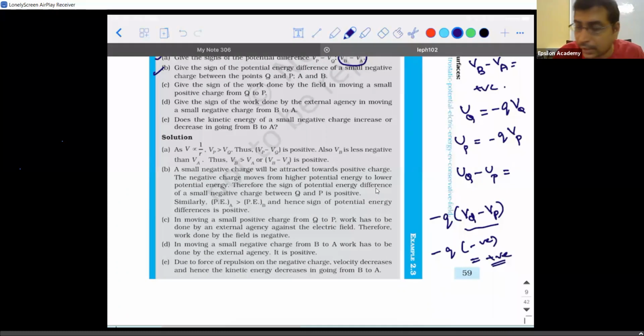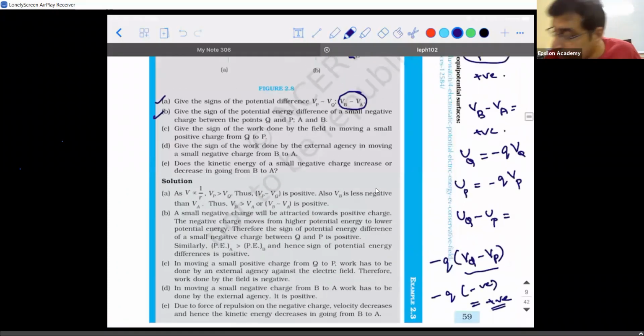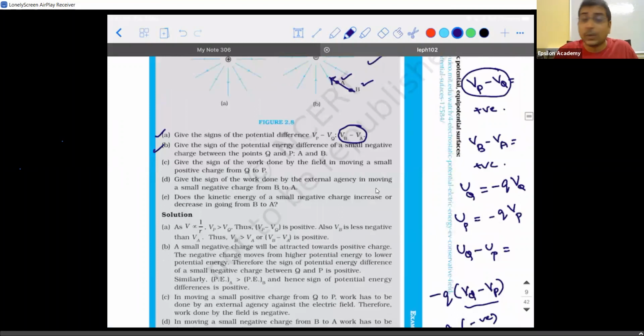Similarly, I'll give you 1 minute. Can you guys find out what will be the potential energy difference when negative charge is moved from A to B? Do it fast and tell me. Negative, sir.